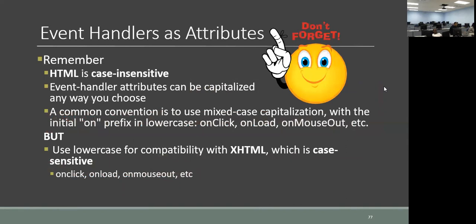When you deal with event handlers as attributes, HTML is case insensitive. That is, it doesn't care about case. However, JavaScript is case sensitive. So when you're defining onclick and onload, especially with HTML5, remember these are event handlers in JavaScript, which is case sensitive, which means you have to have them as lowercase because that's how they're defined.